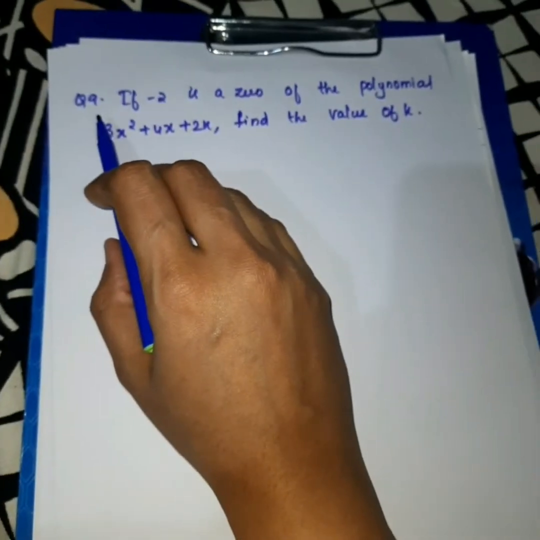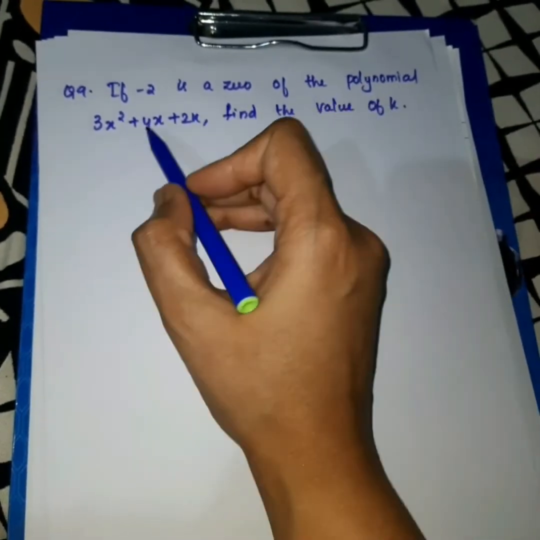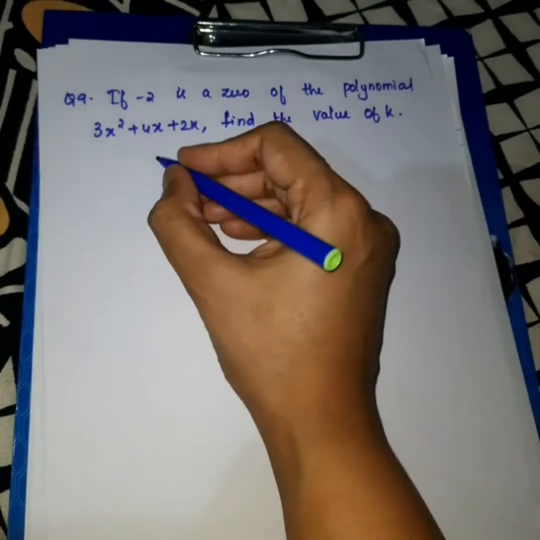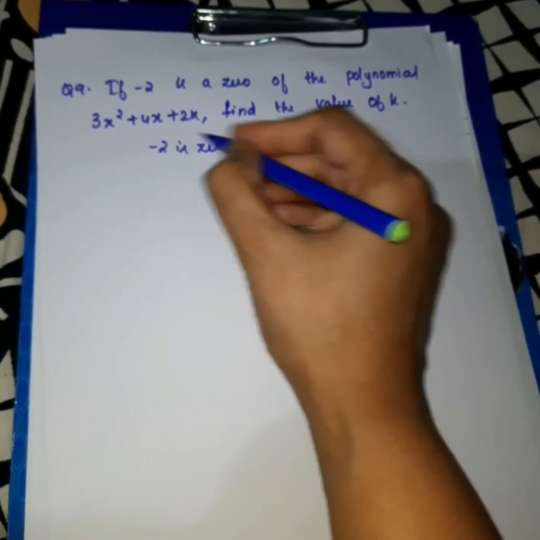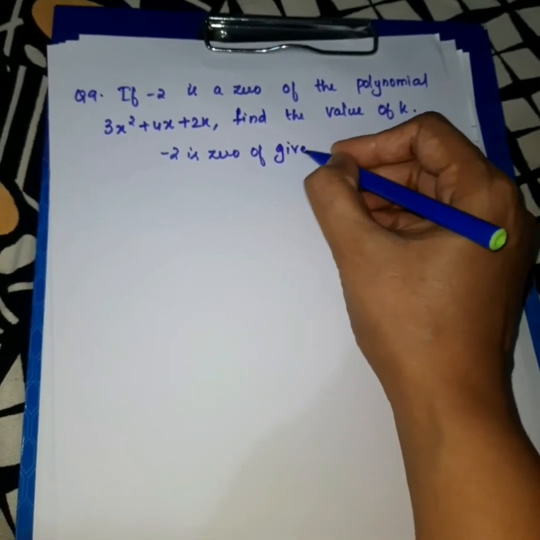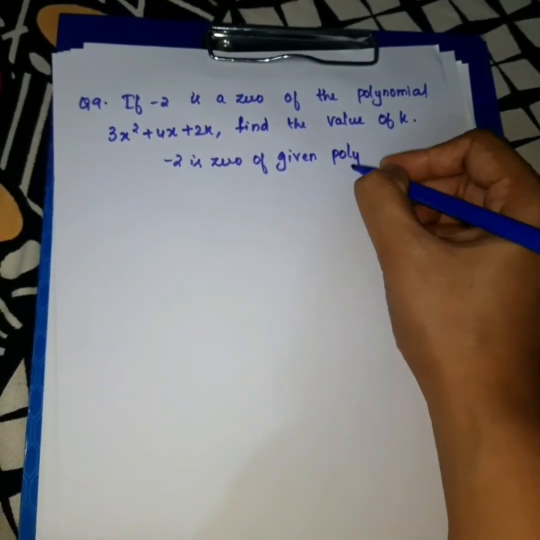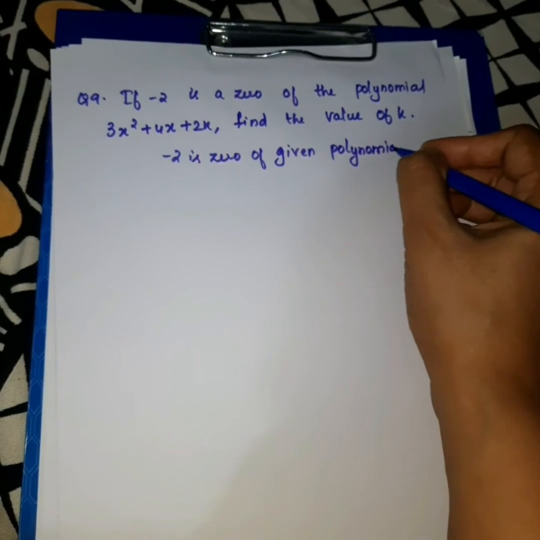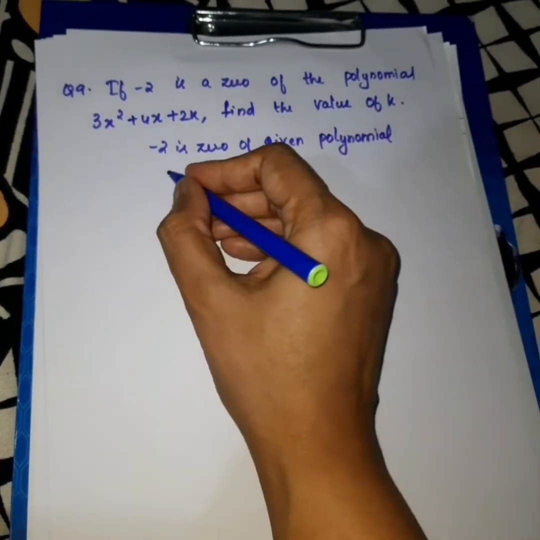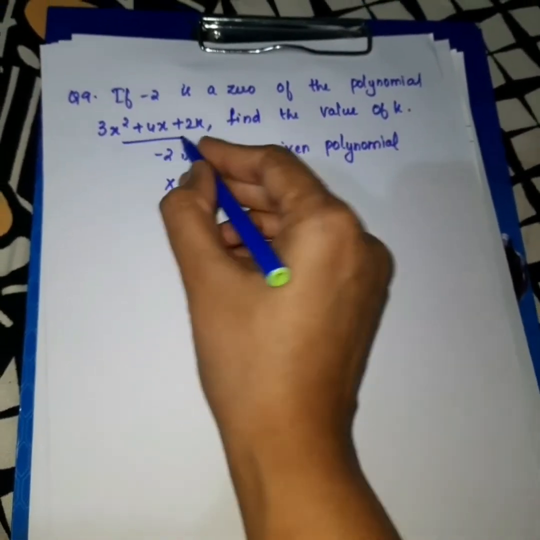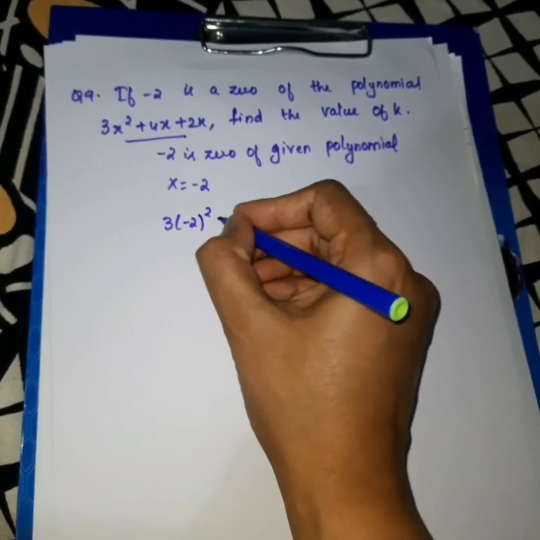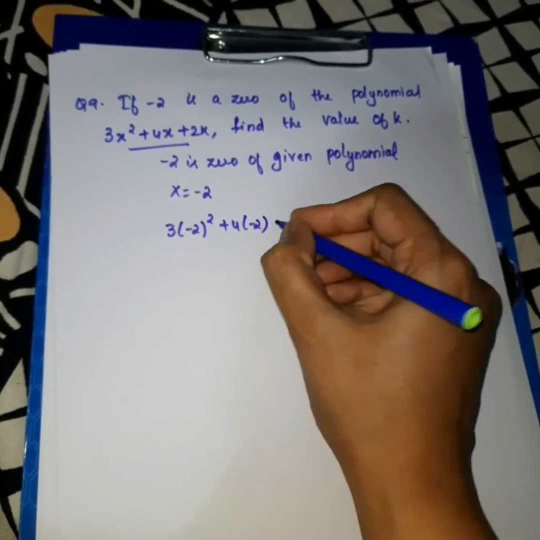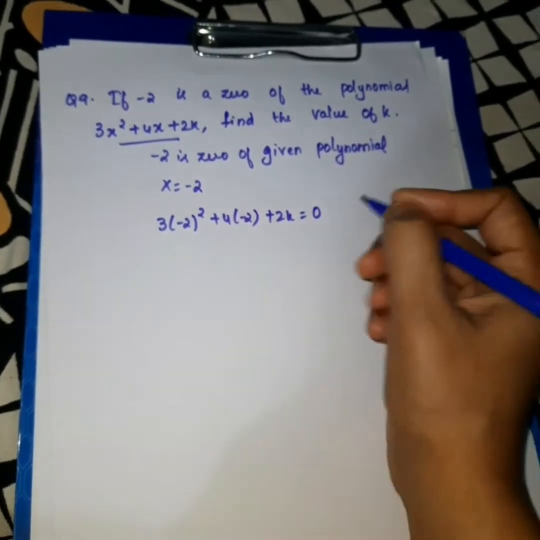Next question 9. If minus 2 is a zero of a polynomial, find the value of k. So 3x squared, by substituting minus 2 as x, as it's one of the zeros in the given polynomial 3x squared plus 4x plus 2k equal to 0.